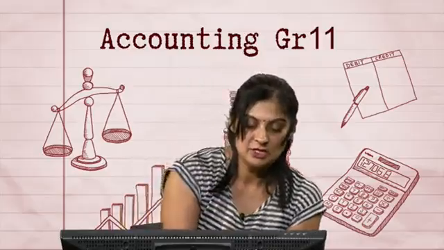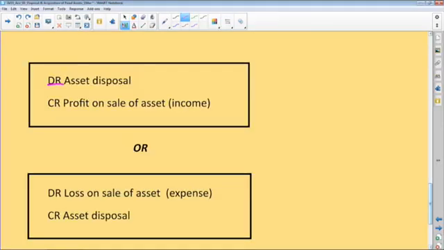If you've made a profit on sale of asset, you're going to debit asset disposal and you're going to credit profit on sale of asset because it's an income. However, if you've made a loss on sale of asset, you will then debit loss on sale of asset because it's an expense, and you will credit asset disposal.